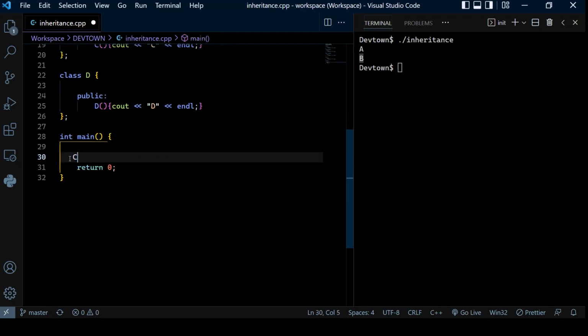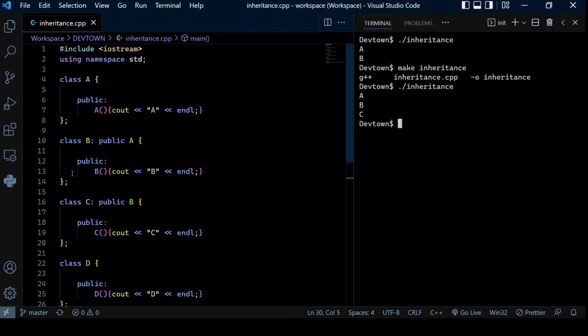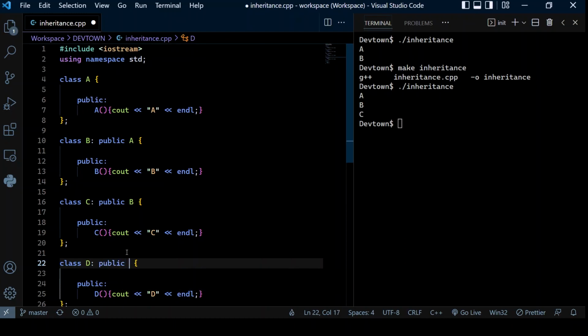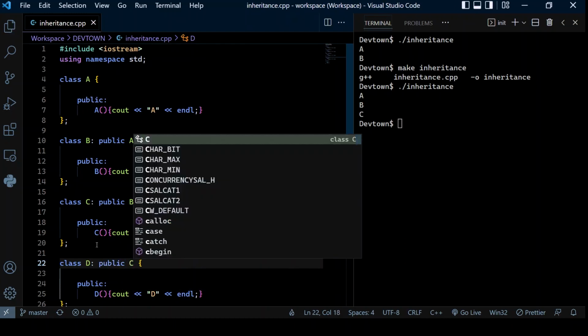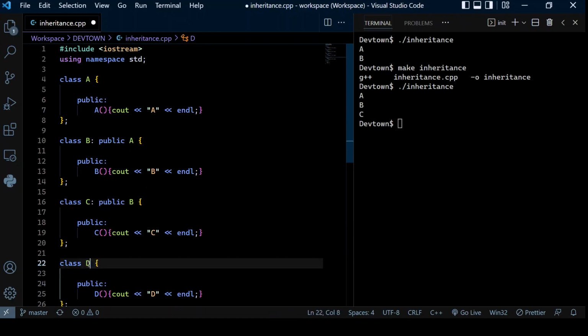So I have C, and we get A, B, and C. So we see that the foremost base class is called first, then the class which derives from it, then the class which derives from that. And this will go on for however many classes. For example, if D was inheriting C, then the order we would get is A, B, C, and then D.